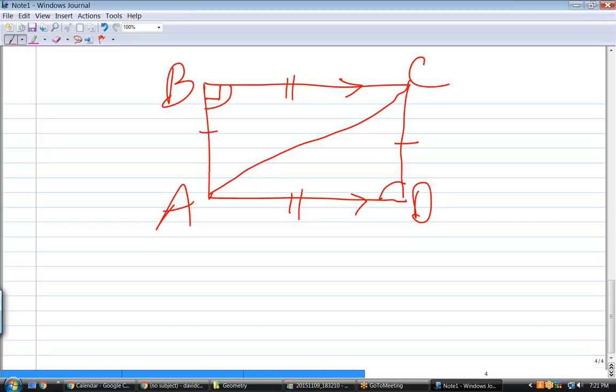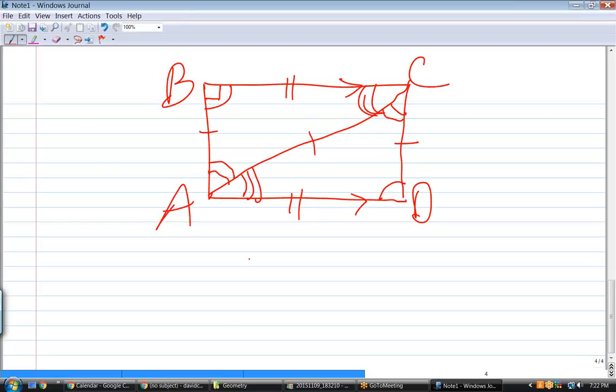Yes, exactly. So the fact that we had a rectangle and a diagonal gave us like 5 pieces of information. We also know this angle here is equal to that angle there because of the parallel lines. So I know that angle's equal, that angle's equal, that angle's equal, that side, and that side.